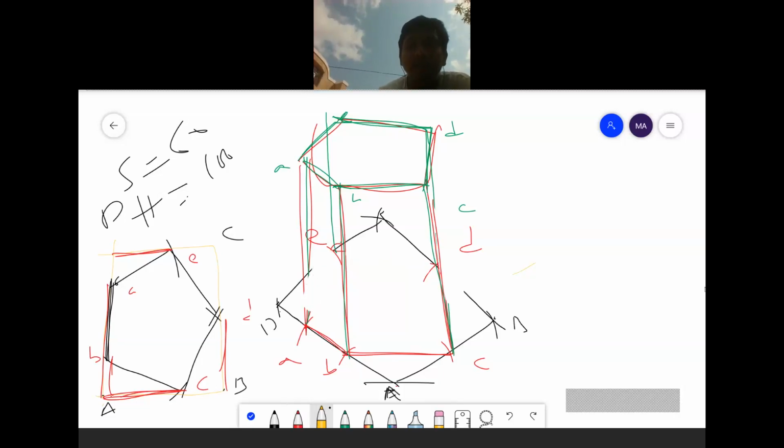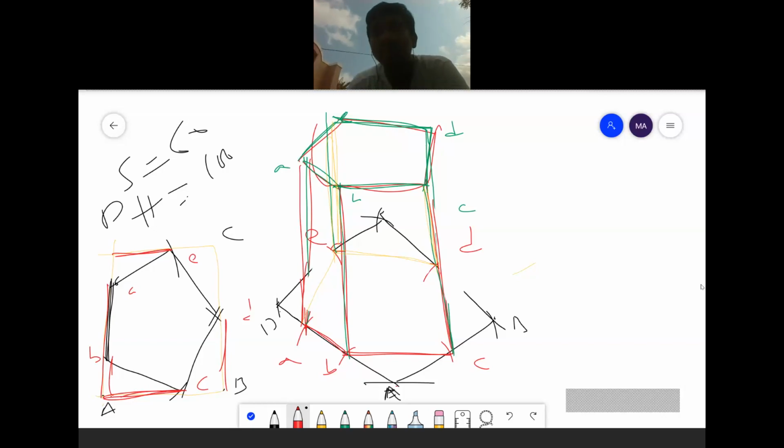This is the invisible part. This line will be invisible, and this line will also be invisible. These are all invisible parts. Understand?